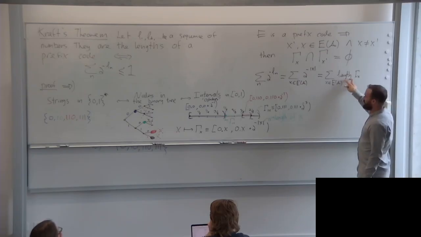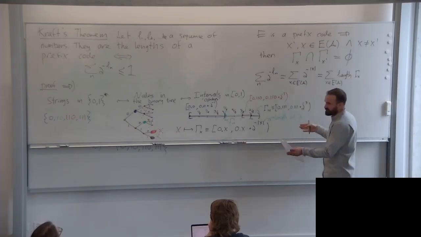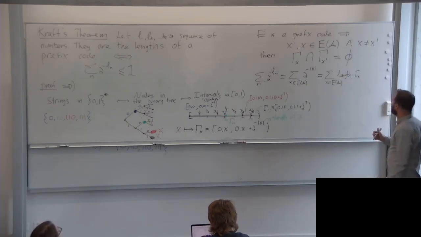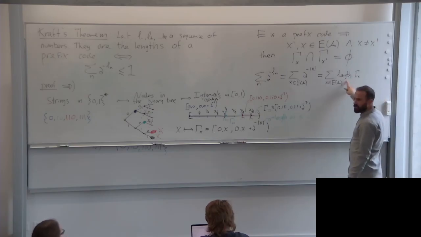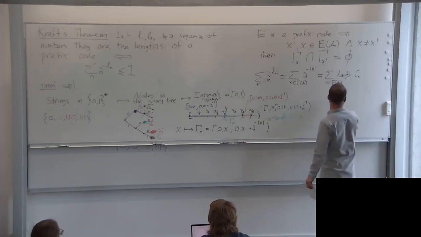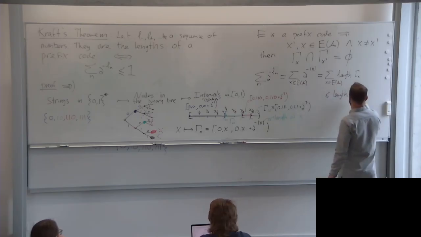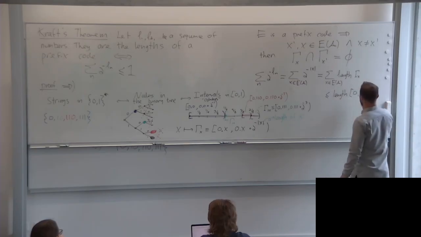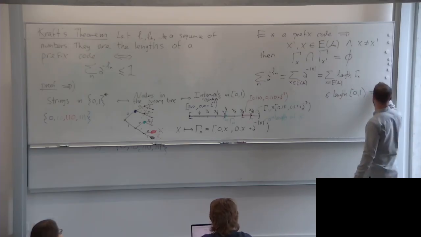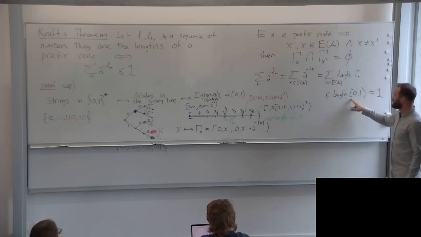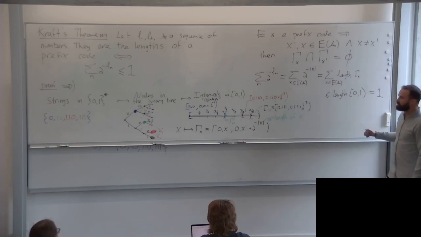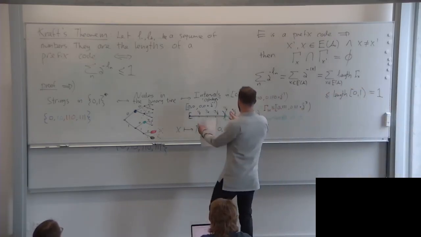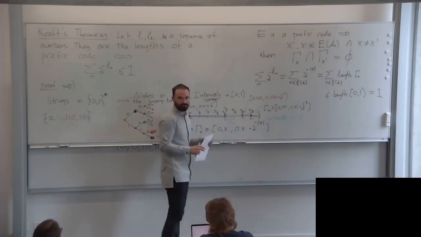So this length is really the length of the interval. But since the intervals don't overlap, the sum of the lengths is smaller than the length of the total 0, 1 interval, which is just 1. You basically have enough space to toss in all your cylinders one next to another.